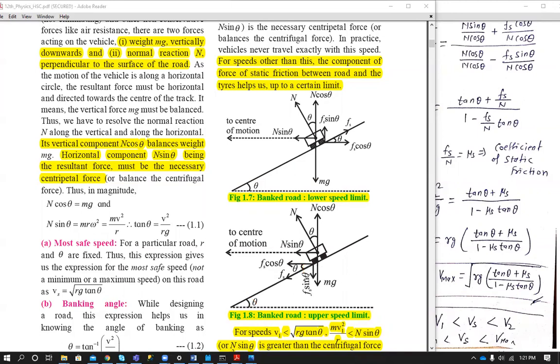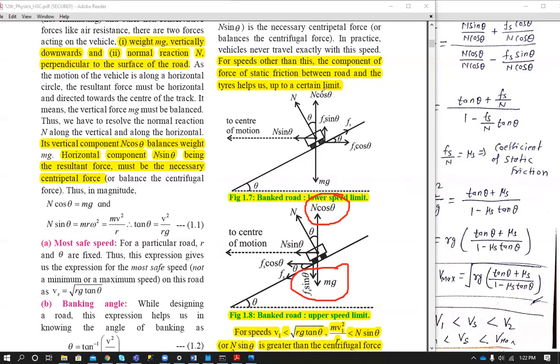We again divide fs into two components. The component near the angle is always cos theta, fs cos theta. This is the horizontal component of the frictional force, and fs sin theta is the vertical component. Now this vertical component is directed downward. From the geometry, n cos theta is balanced by fs sin theta plus mg.